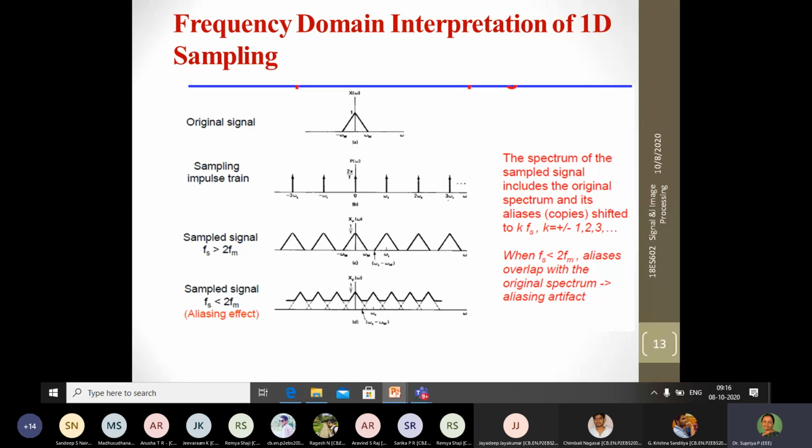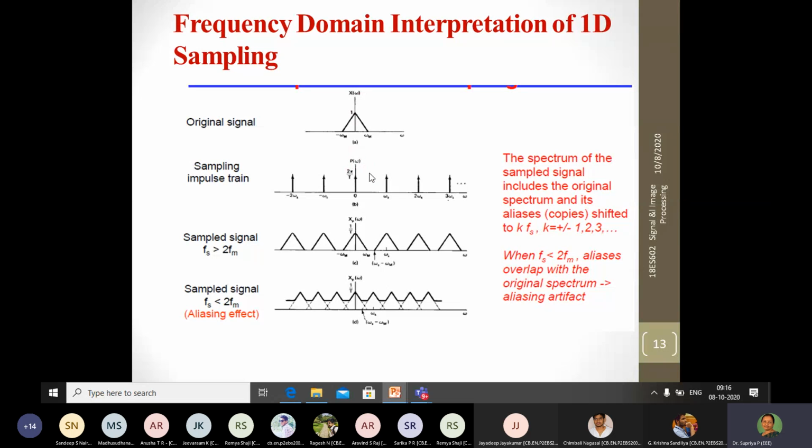What is this particular case? A basic signal has been given. Please recall that this is not a signal; actually, it is the frequency spectrum of a signal. That is why it has been represented as x of omega. This x of omega, you would like to multiply with p of omega.